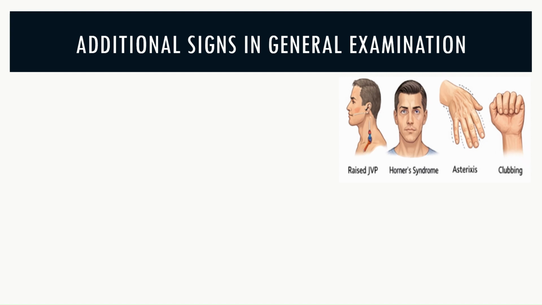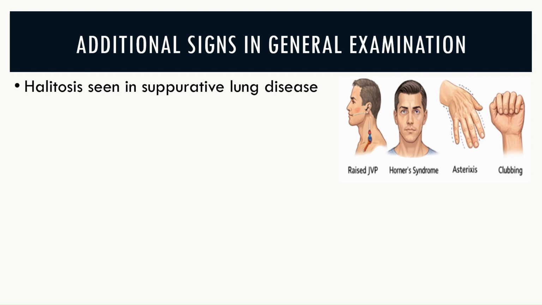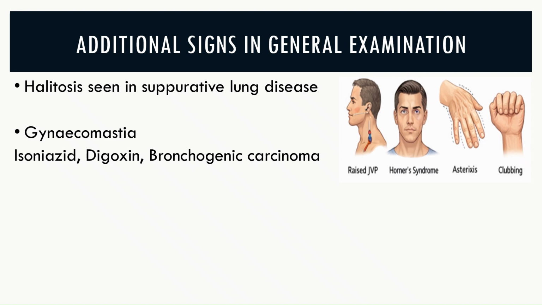Certain additional signs provide important diagnostic clues. Halitosis or foul breath is often seen in suppurative lung diseases such as lung abscess or bronchiectasis. Gynecomastia may occur due to drugs like isoniazid or digoxin or in association with bronchogenic carcinoma. Small muscle wasting of hand may indicate involvement of brachial plexus in a Pancoast tumor.